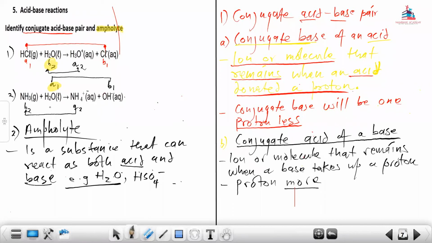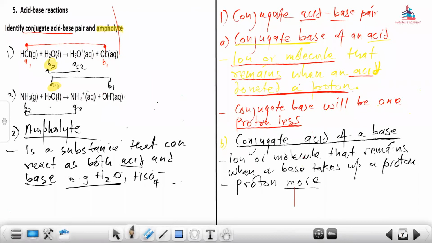I want to say if you are given a reaction, kindly check, did it receive a proton or did it donate? But obviously you will need to have two reactions for you to compare.